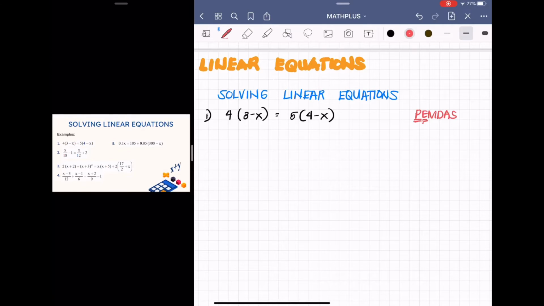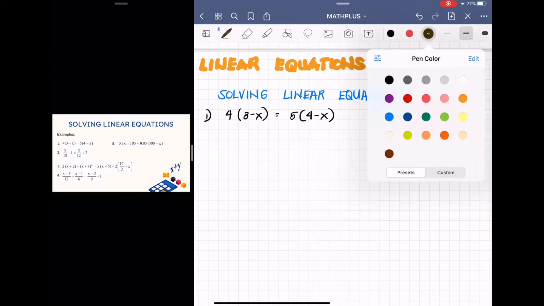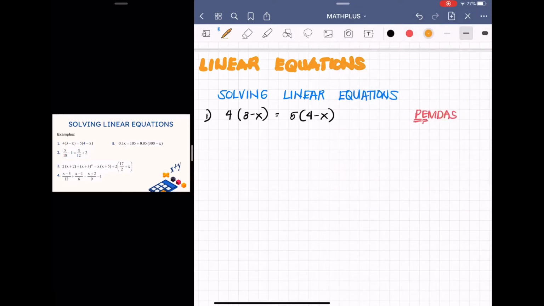In this case, I have to distribute, diba? So this will be 12 minus 4x equal to 20 minus 5x.